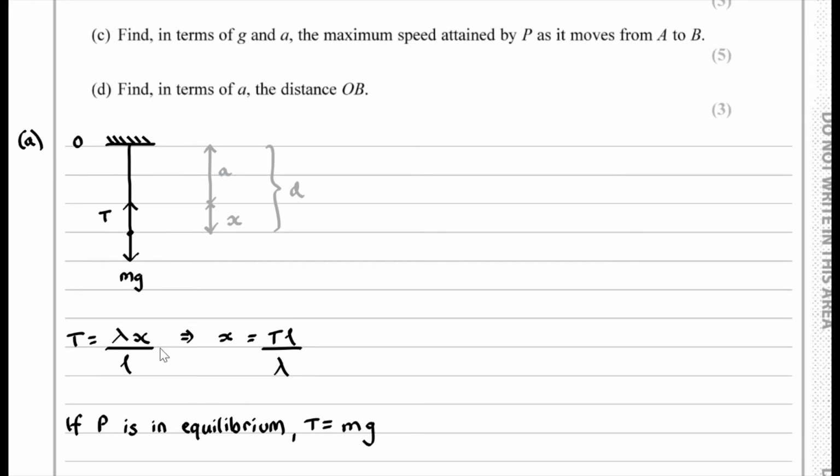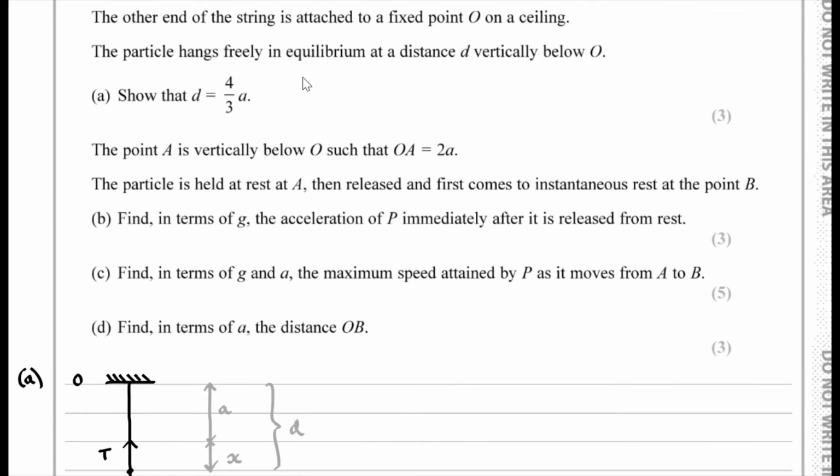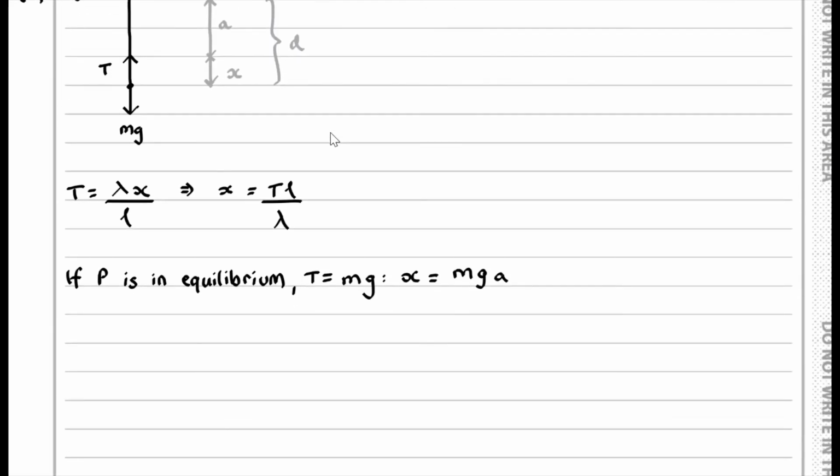That's just resolving vertically. And if we put this back into our formula, x is equal to the tension mg times the natural length, which is a, over lambda, and lambda, the modulus of elasticity, is 3mg.